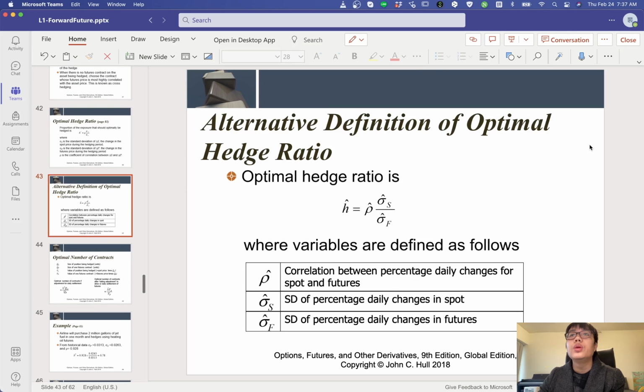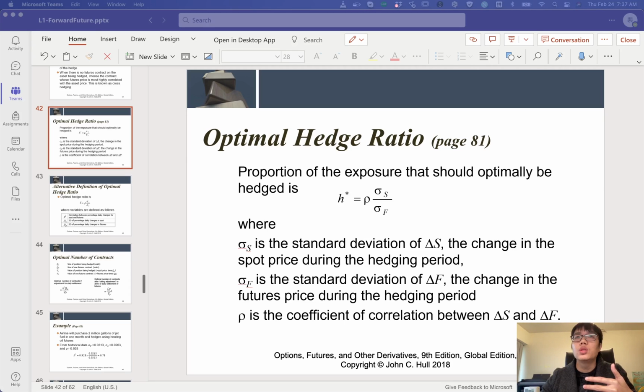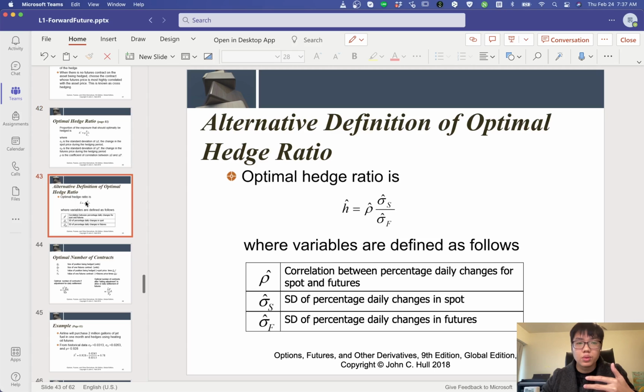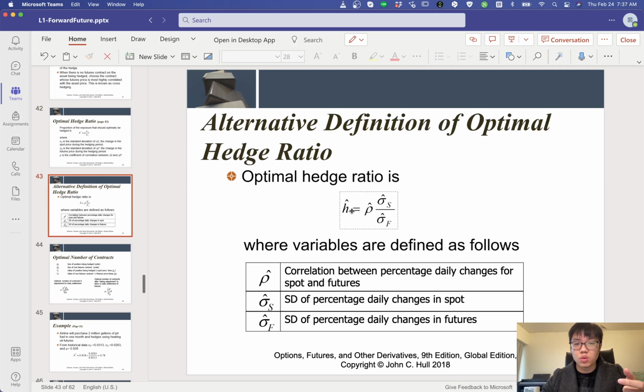If you read the slide, you see that H star is using delta S and delta F. It means that you take today minus yesterday; the difference is the change in the spot price. H star is using the daily change, right? But H hat, what does it mean?